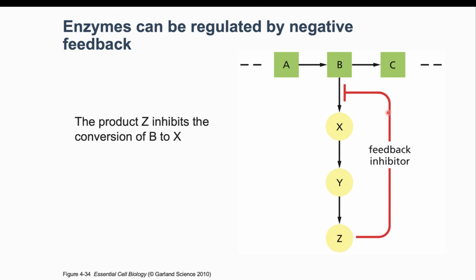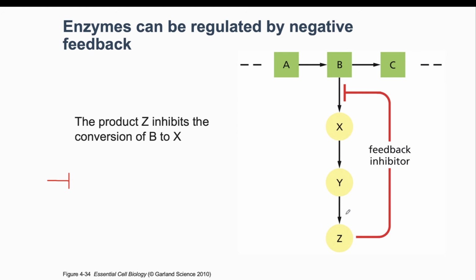Z then goes back and has an effect on the enzyme that converts B to X. As you read this diagram, you can see there's a line coming from Z with a bar at the end. This bar is a common symbol for inhibition. So when you see a line ending in a bar, that suggests inhibition or a negative effect on, for example, enzyme activity.